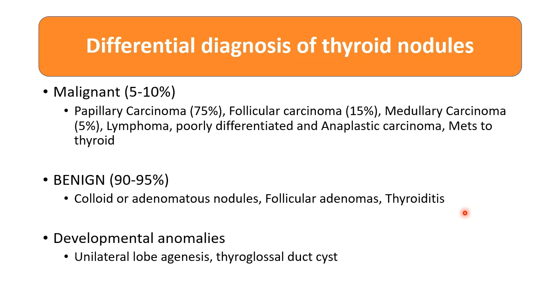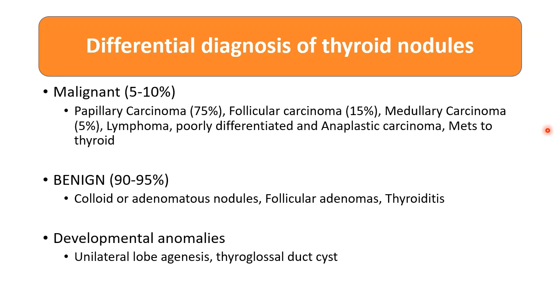So most of them will be either a colloid nodule, adenomatous nodule, follicular adenomas, or thyroiditis. 5 to 10% will be malignant, and of these 90% of the malignancies are well differentiated malignancies. Only about 5% of malignancies are poorly differentiated or anaplastic carcinomas.